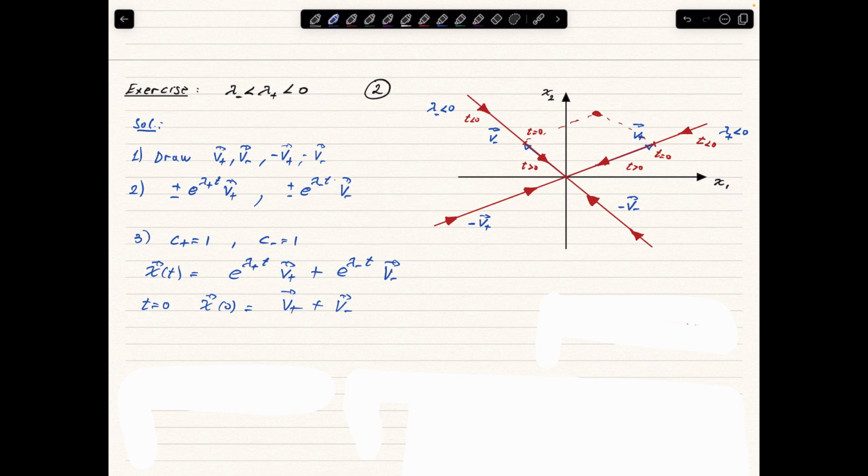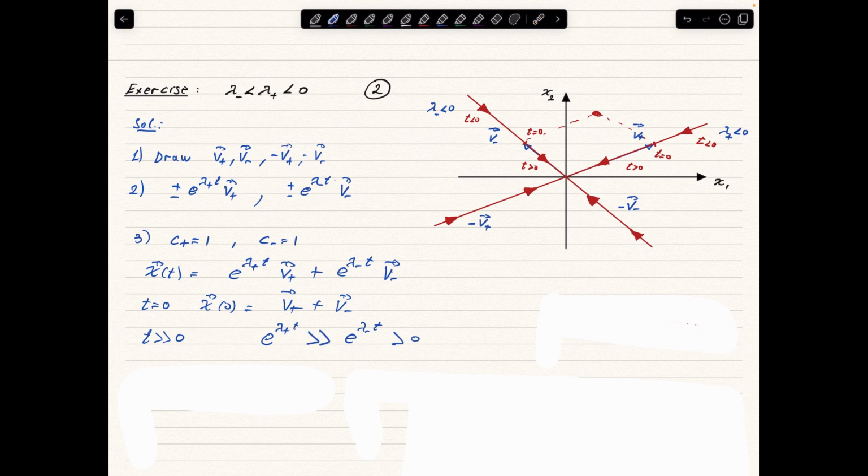Now what happens, and this is the different part, when t is much larger than 0? Well, we have the exponential lambda plus t and the exponential lambda minus t. Recall, these are negative numbers now. t is positive, super large. This number is more negative than that, so both go to 0, but this one is going to go to 0 much faster than the other.